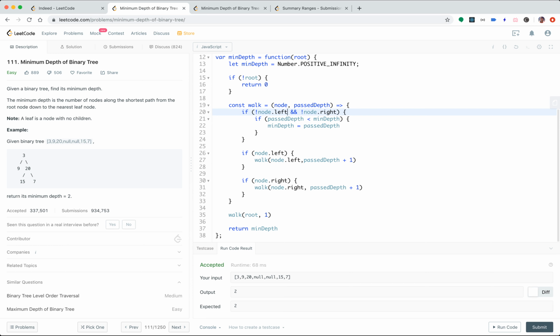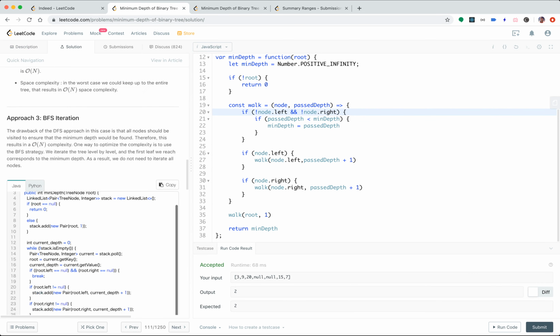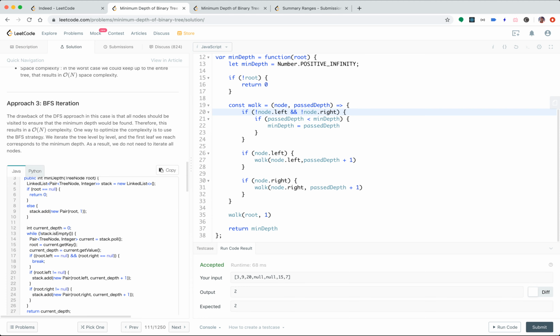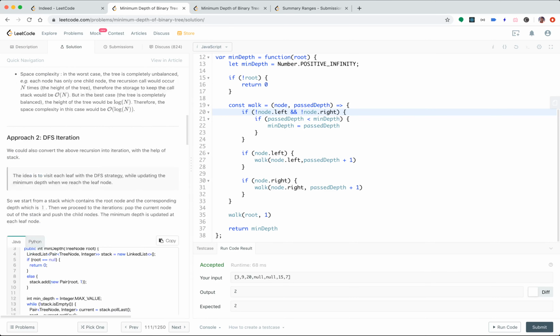I think DFS is just using a stack, and for BFS we will just use a queue. The solution also says, if you use this one, DFS, yeah.